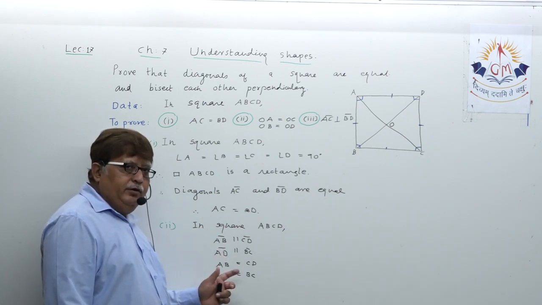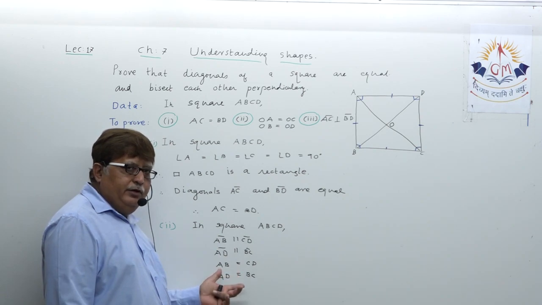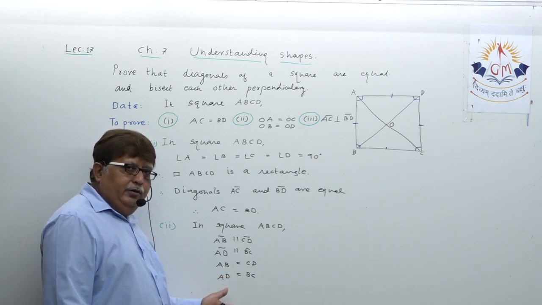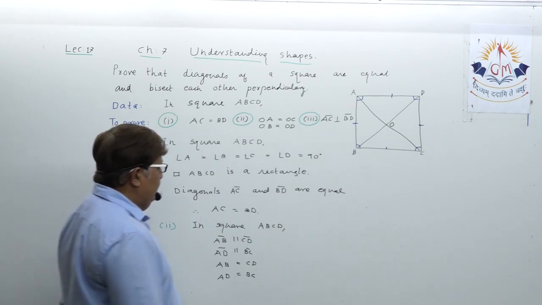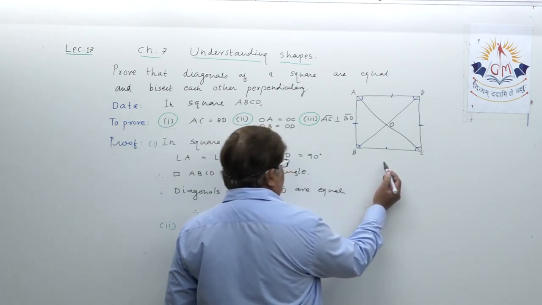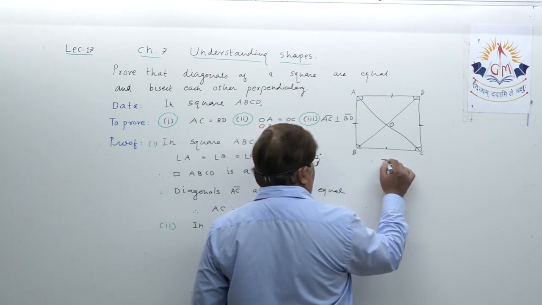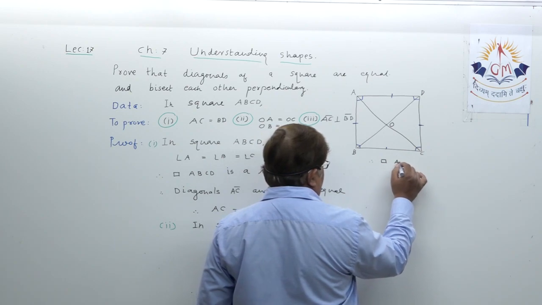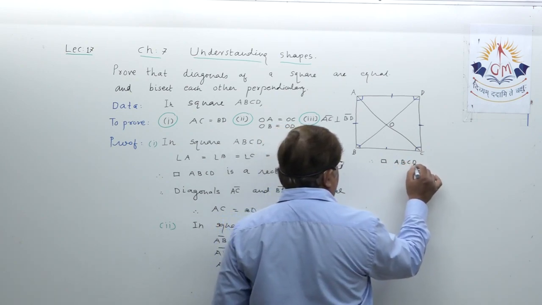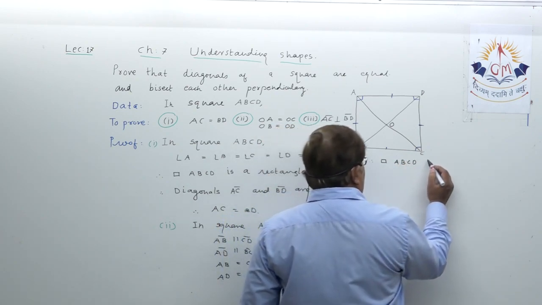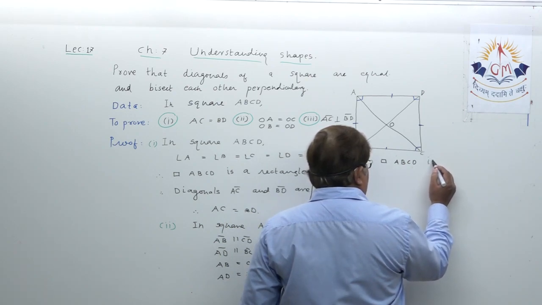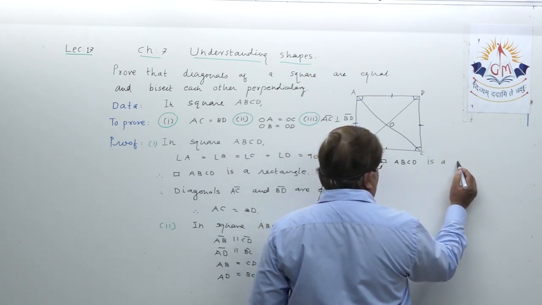In the definition of a parallelogram itself, you say that a quadrilateral having both pairs of opposite sides parallel and equal becomes a parallelogram. So dear student, now we continue here. Therefore, quadrilateral ABCD is a parallelogram.